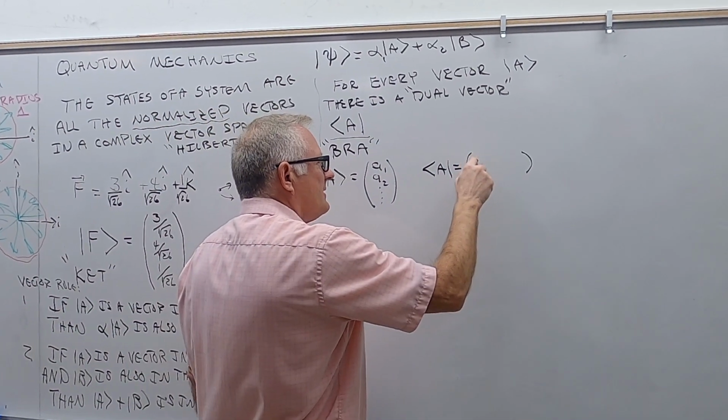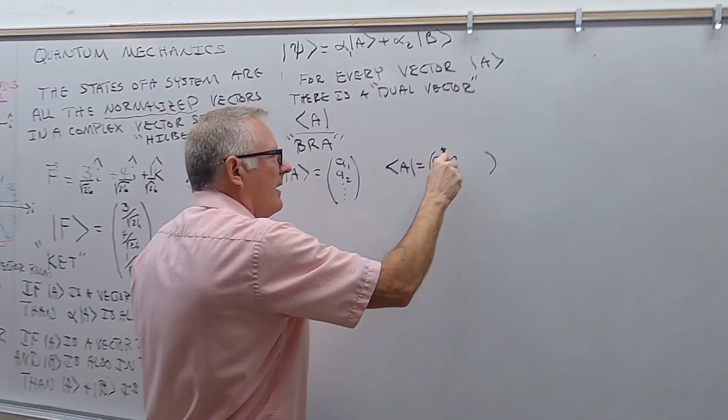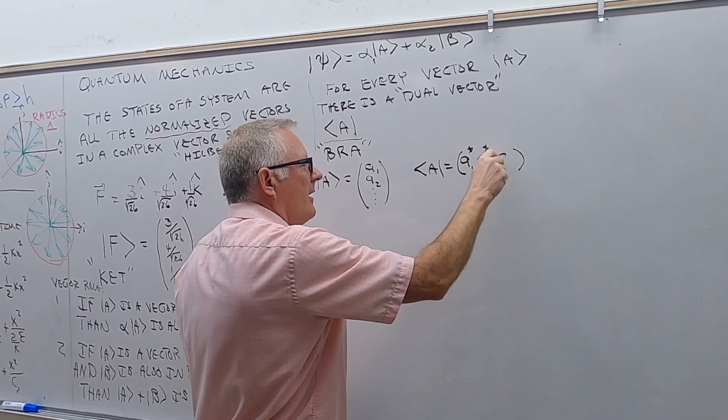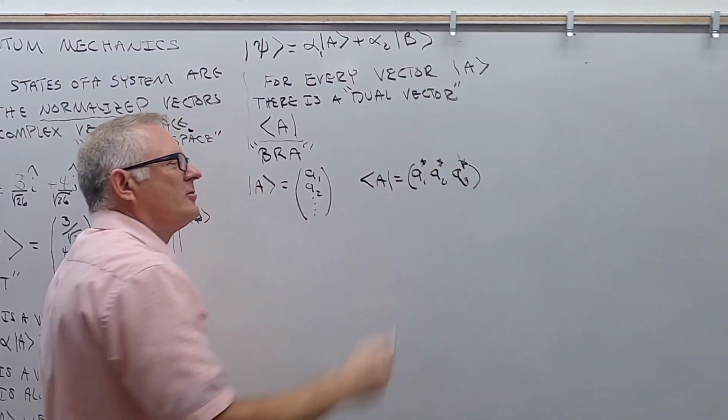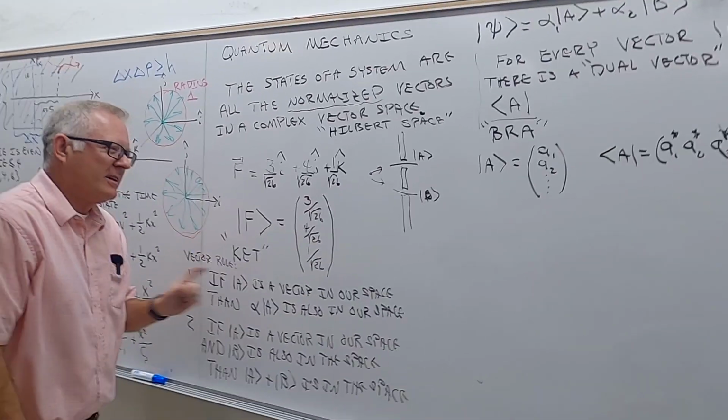That's it. So this is A1 star, A2 star, A3 star, and so on. So that's all it does.